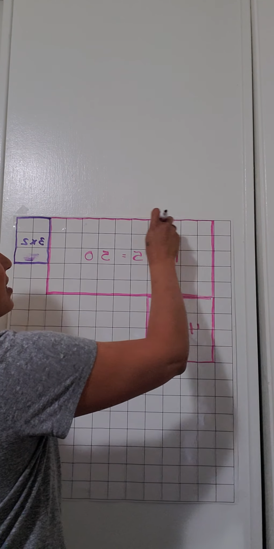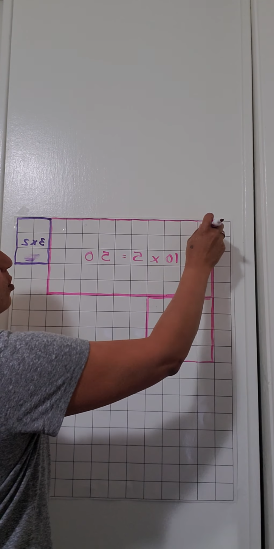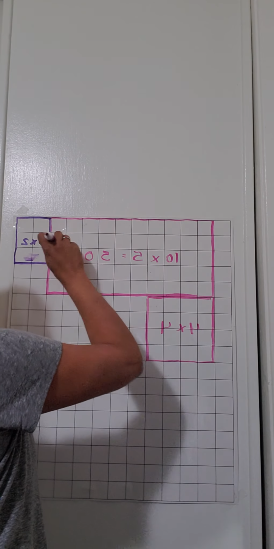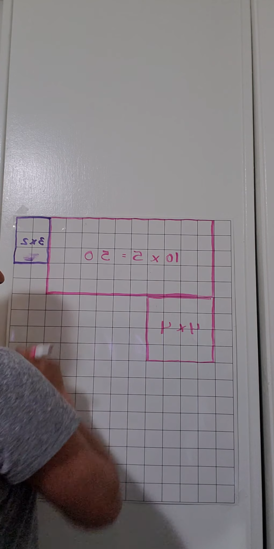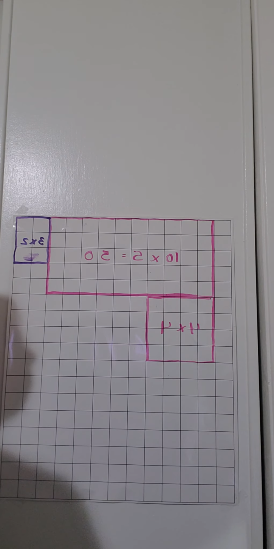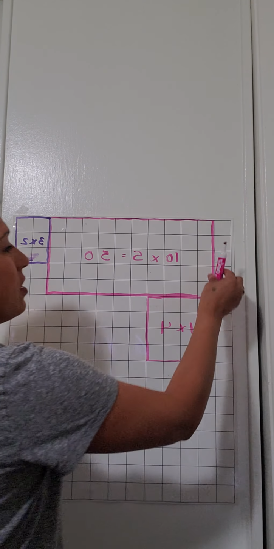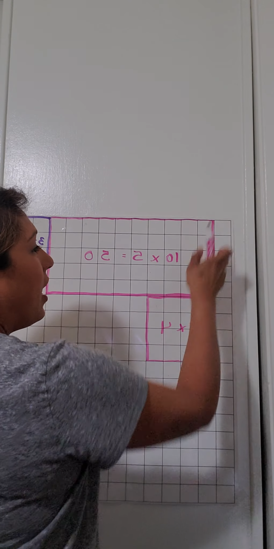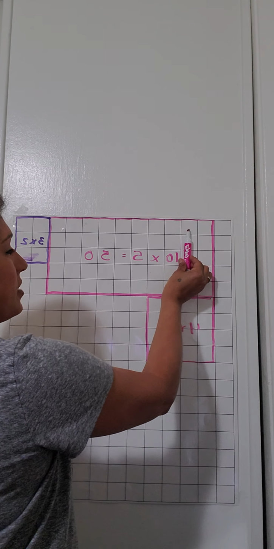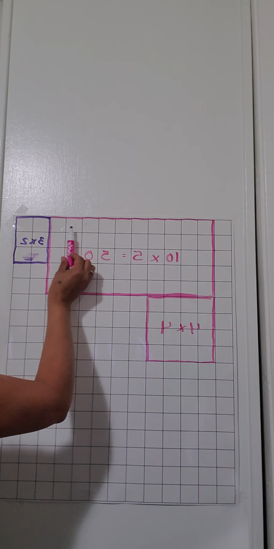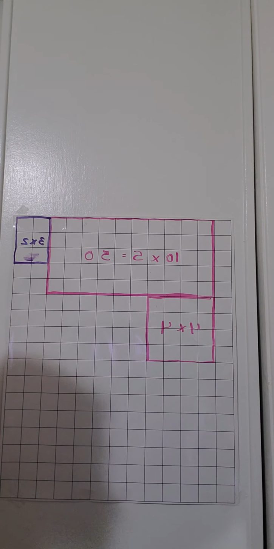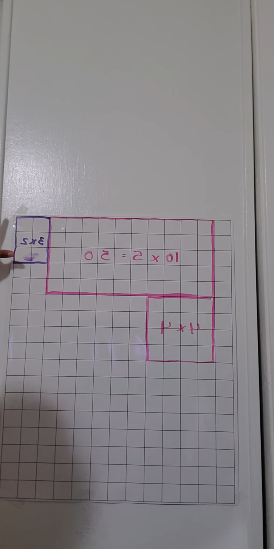If we know that this is 10 across, then this would be 10, 20, 30, 40, 50. Or you could count it the other way. We know that this is 5, right? So this is 5, 10, 15, 20, 25, 30, 35, 40, 45, 50. See that there?